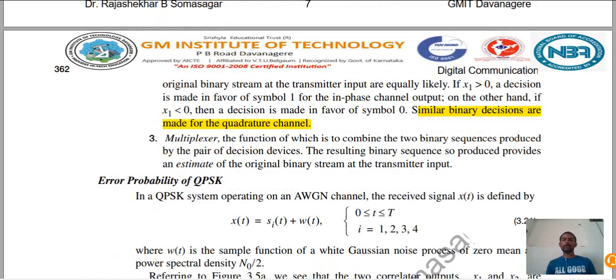The multiplexer combines the two binary sequences produced by the pair of decision devices, and produces an estimate of the original binary stream at the transmitter input.